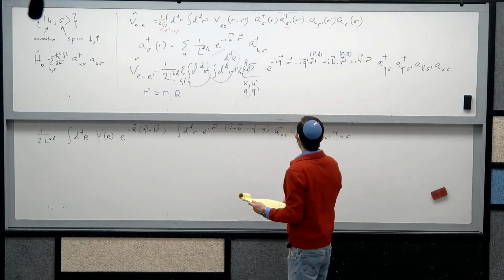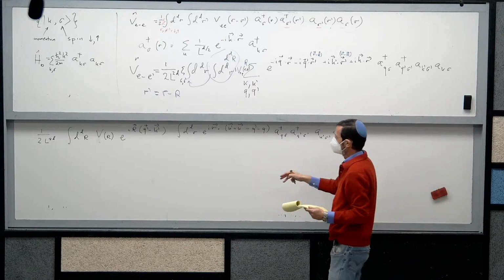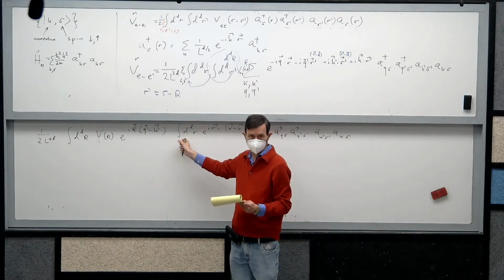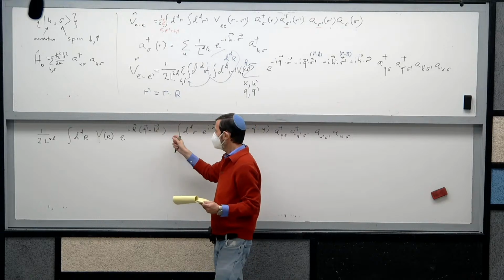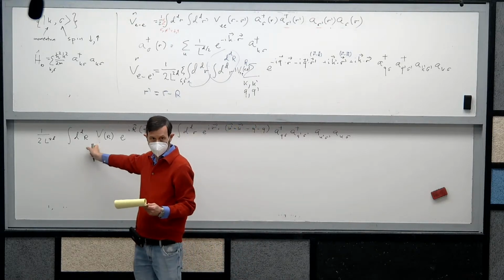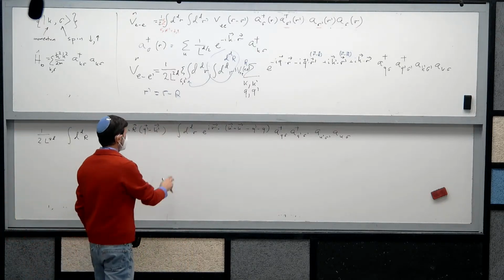Okay, I just pulled out everything that depends on r before the integration on small r, which is these two terms. And v already doesn't depend on r. And I have this integral.